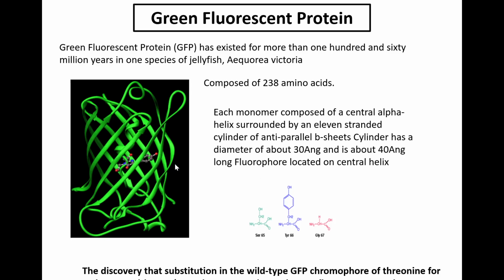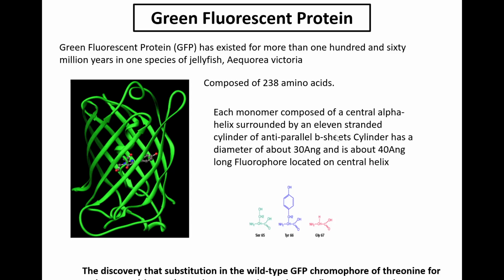What is important for you to remember is which amino acids are responsible for this GFP fluorescence: serine, tyrosine, and glycine, 65, 66, 67.